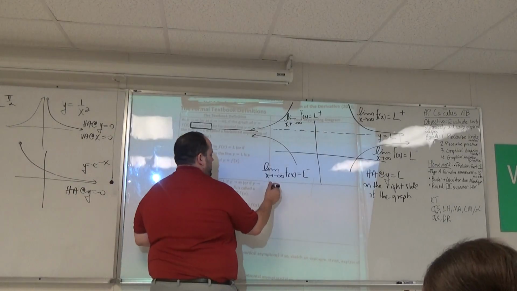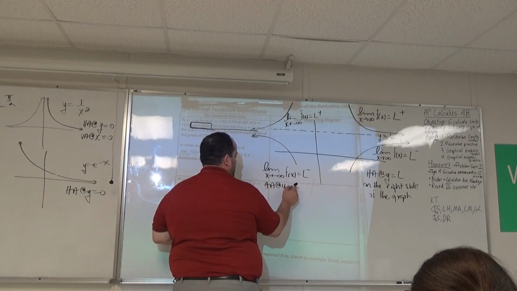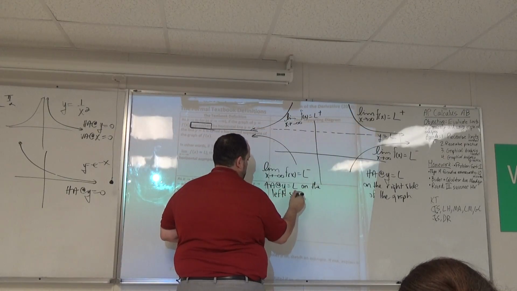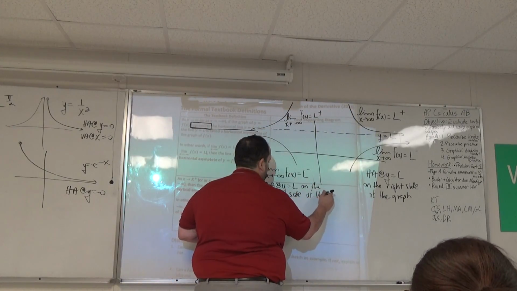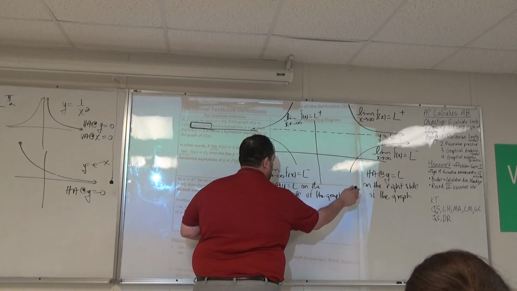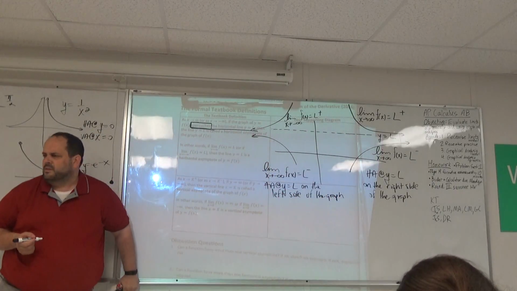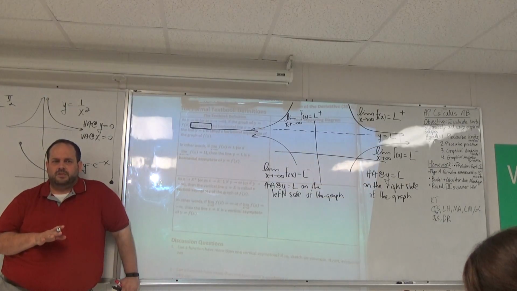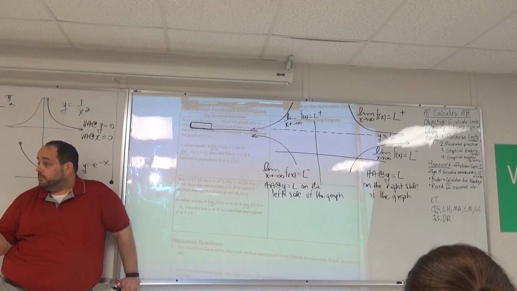And so this is going to be a horizontal asymptote at y equals L on the left side of the graph. More of a technical definition than maybe what you're used to thinking about.